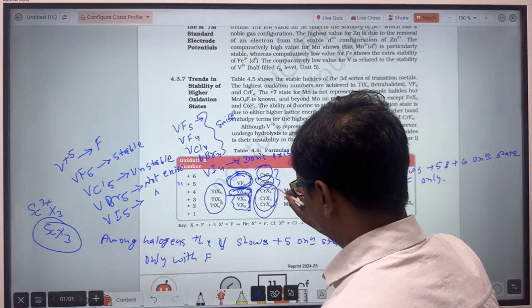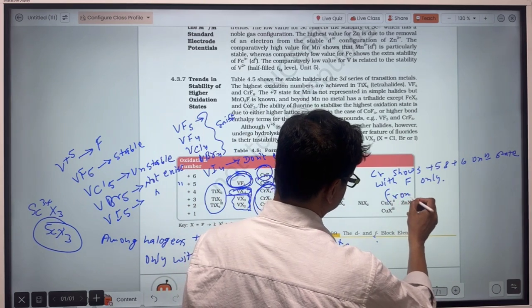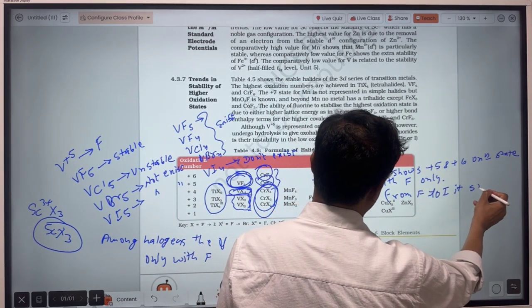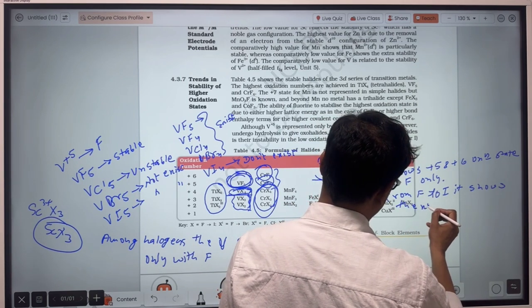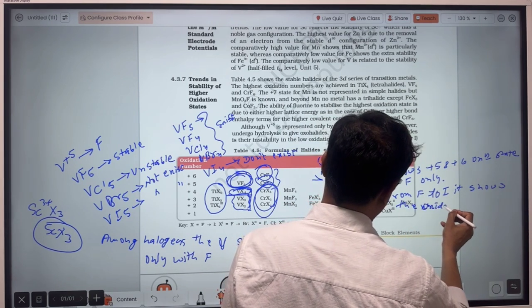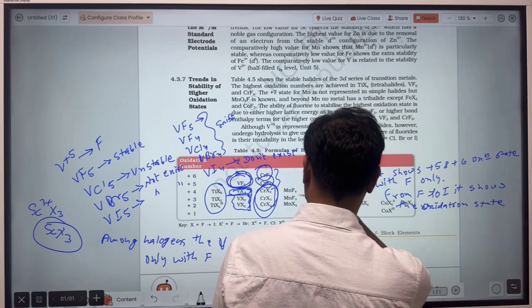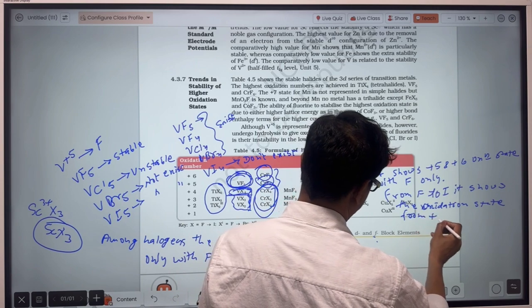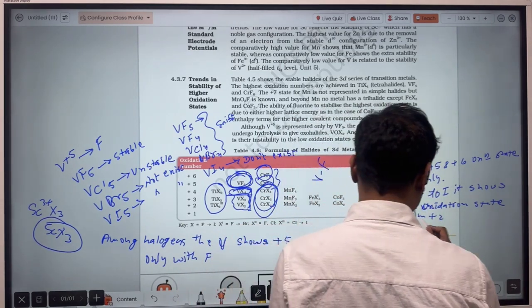With the other halogens, from fluorine to iodine, it shows the lower oxidation state from +2.